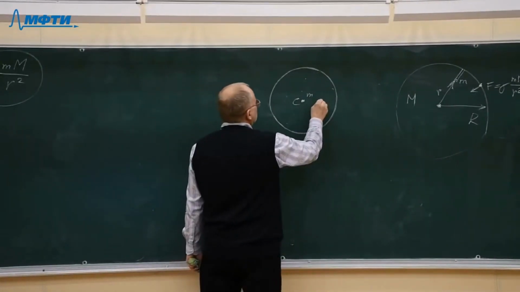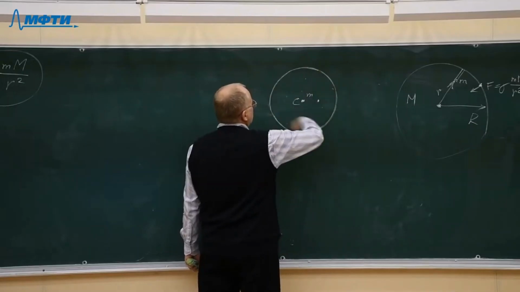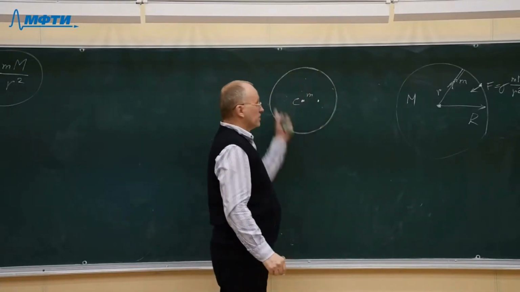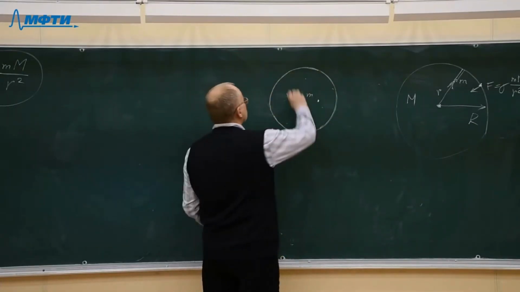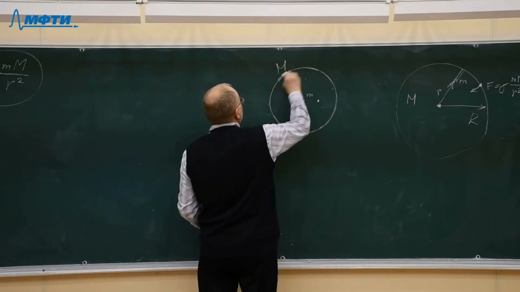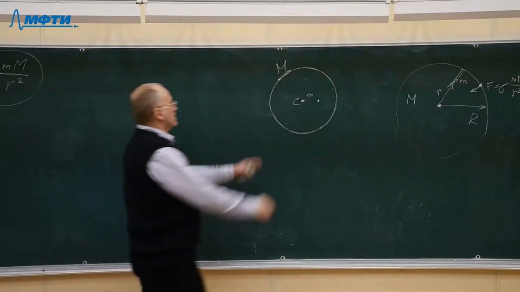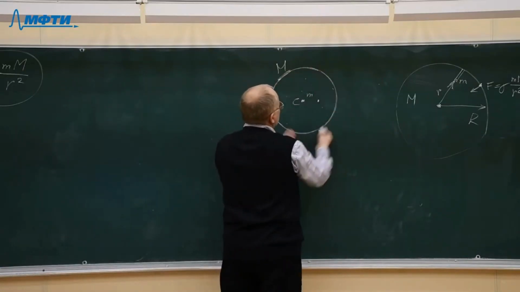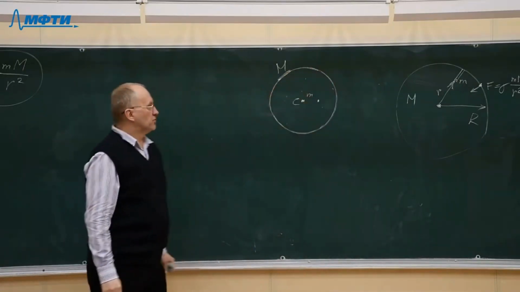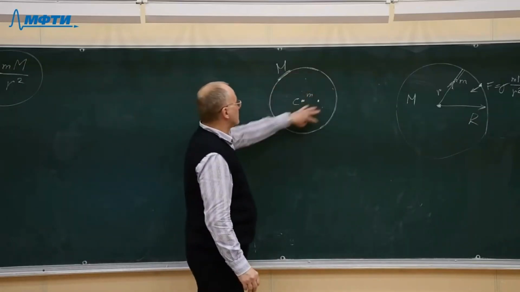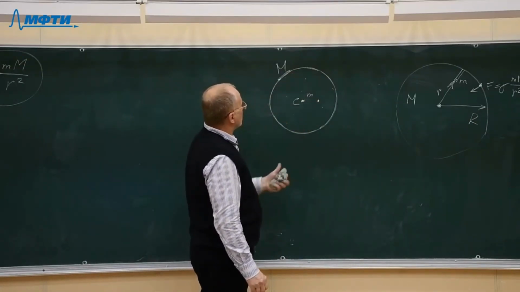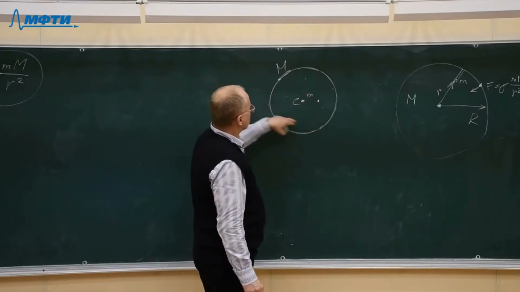What forces will act on this small body inside such a sphere, which is empty inside, and all its mass is concentrated on the surface? And the mass is distributed evenly over the surface. It's a uniform distribution of mass, but inside it's empty.